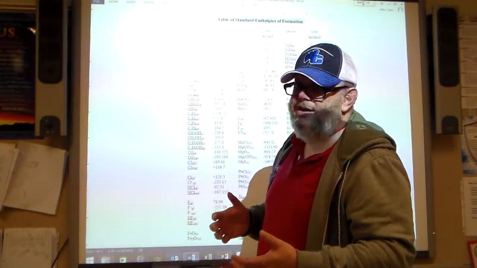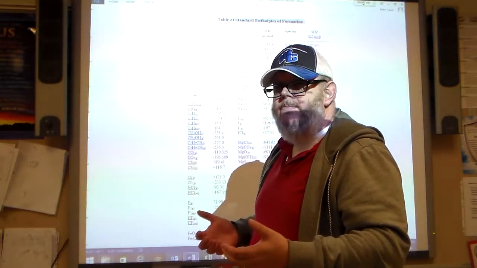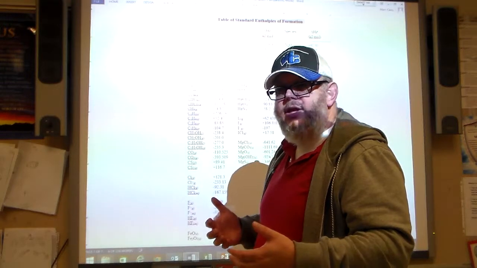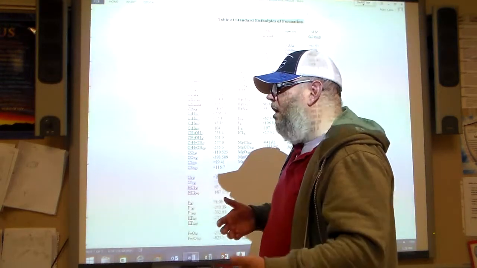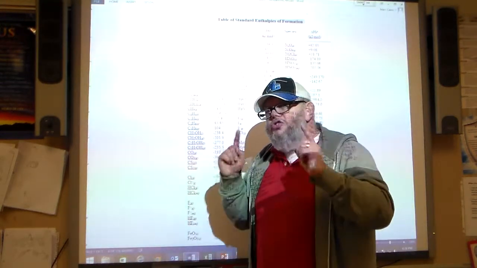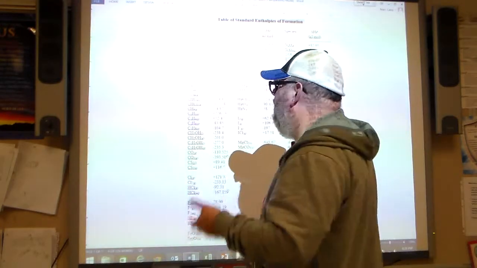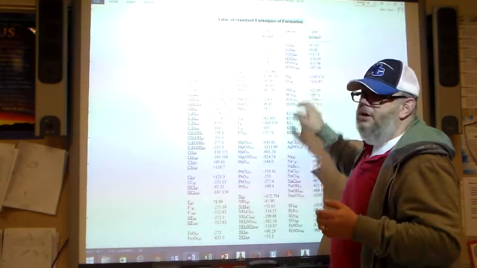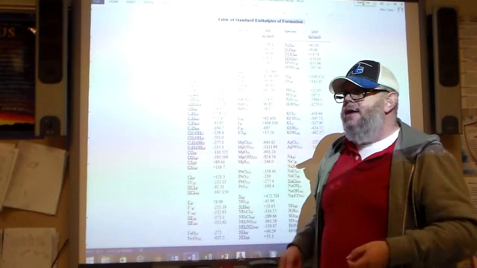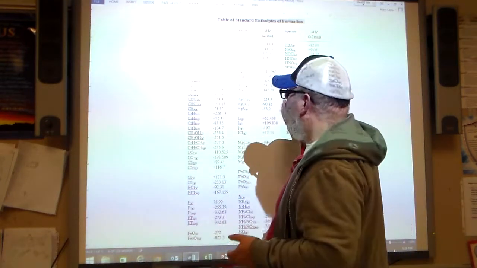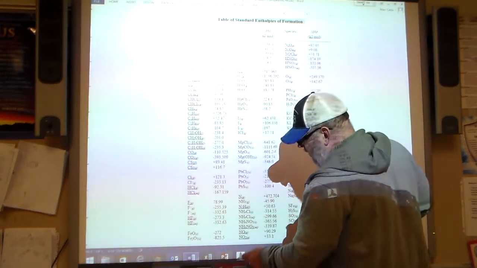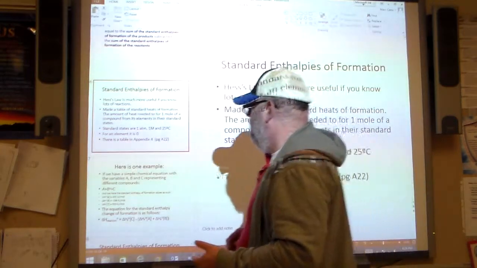O3 is not exactly the most stable thing out there because it reacts quite easily in the atmosphere. All right. So O2 is the most stable form of the element, so that's why you're not seeing a value up here. It's 0. Okay. All right. So this is just an example of an enthalpy table for a moment.